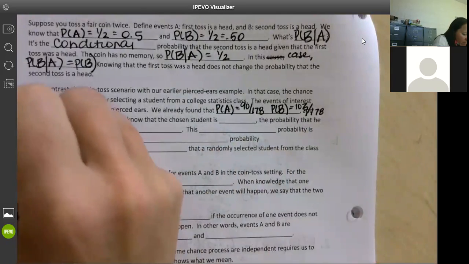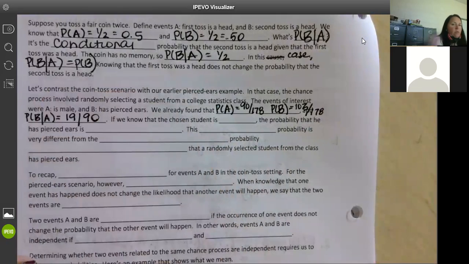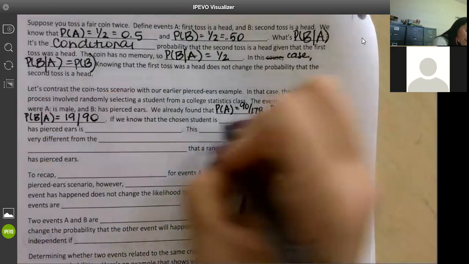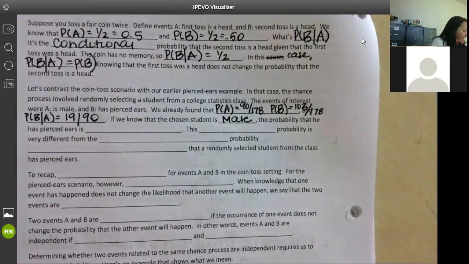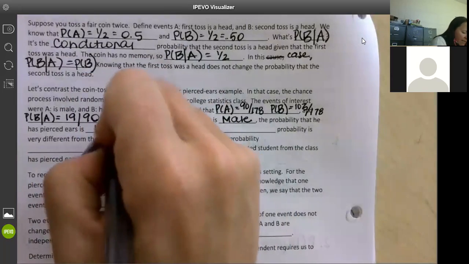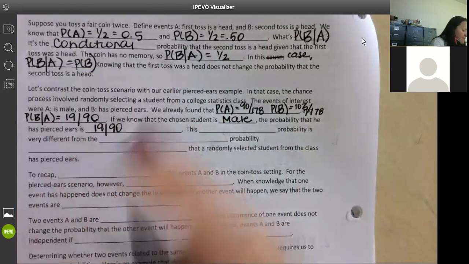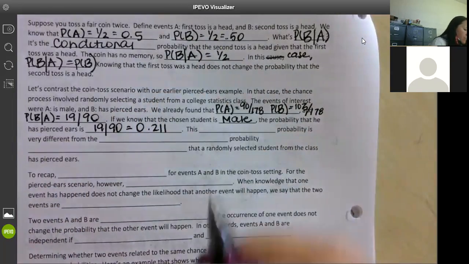And the probability of B given A was 19 out of 90. We're just reviewing what we had so that you have your numbers right here in front of you. If we know that the chosen student is male, the probability that he has pierced ears was 19 out of 90, which is 0.211.